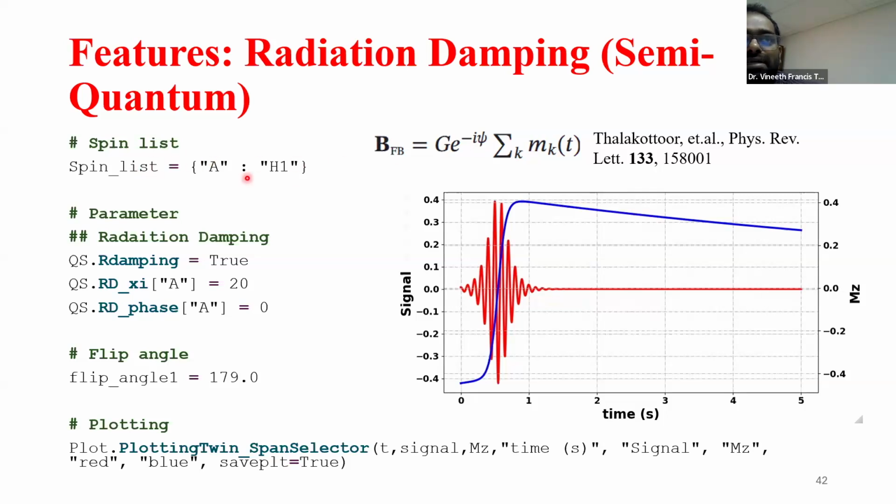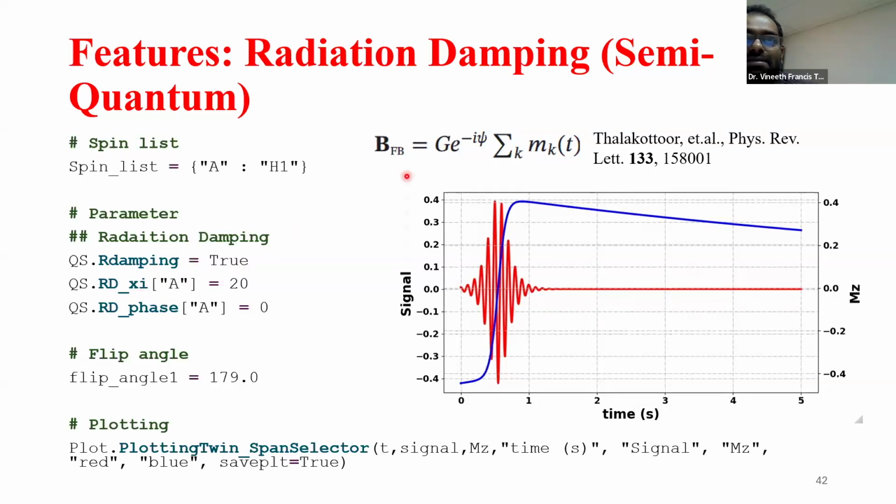So we have a single spin system, and I'm not repeating the parameters which I showed in the beginning. So these are the additional parameters. If you want to use radiation damping, you can say QS dot R damping is true.